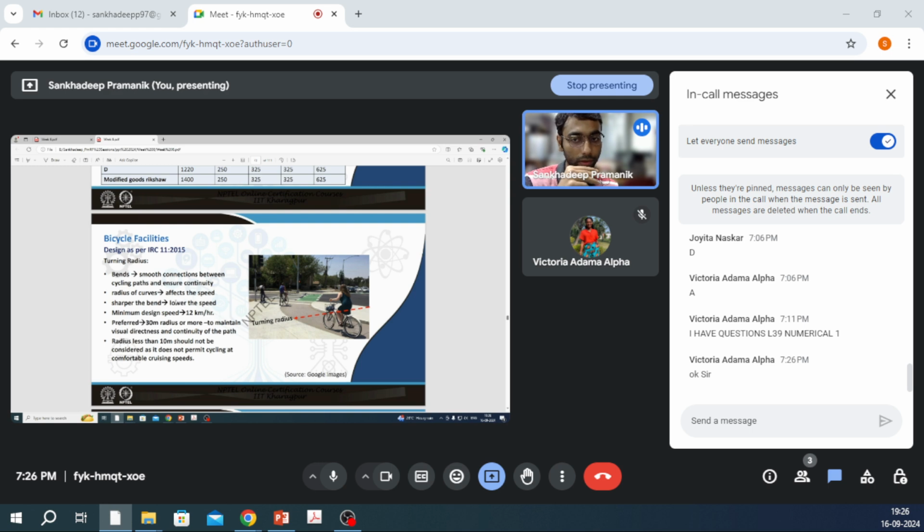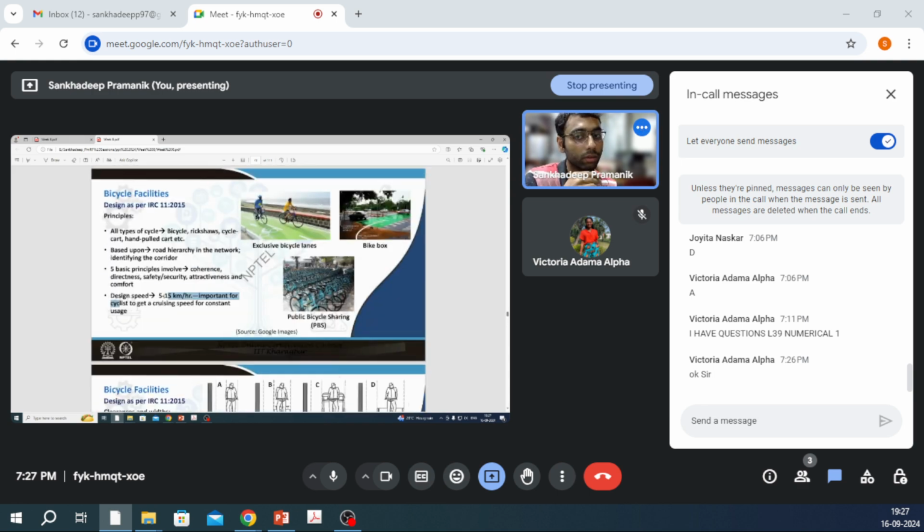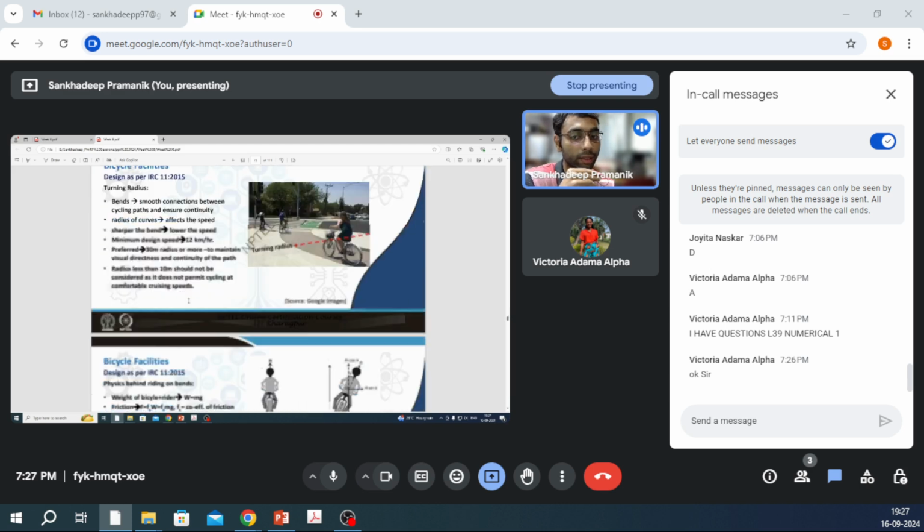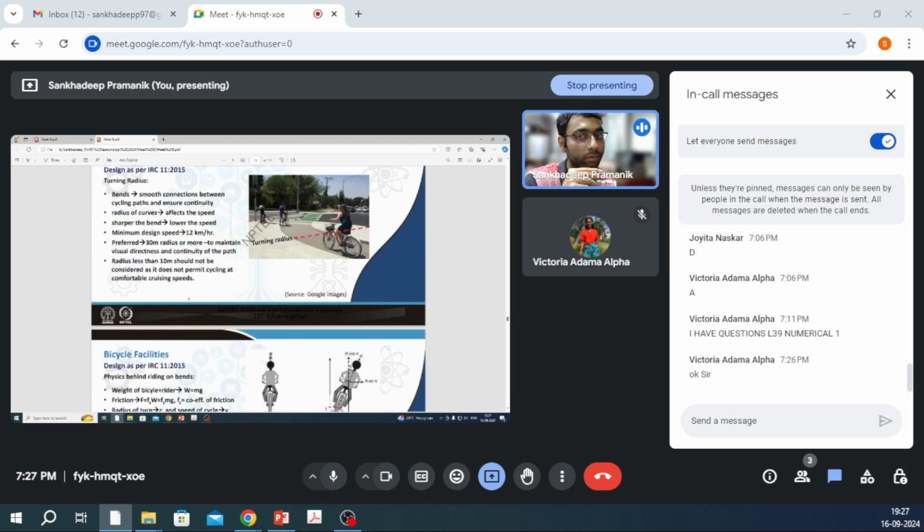Now if the minimum design speed for the curve, if not 12, is kept at 5 or 8 kilometers per hour, then it will be very difficult for them to negotiate it. People going at 15 kilometers per hour can somewhat easily, by reducing some speed, negotiate this curve with a 12 kilometer per hour design speed.